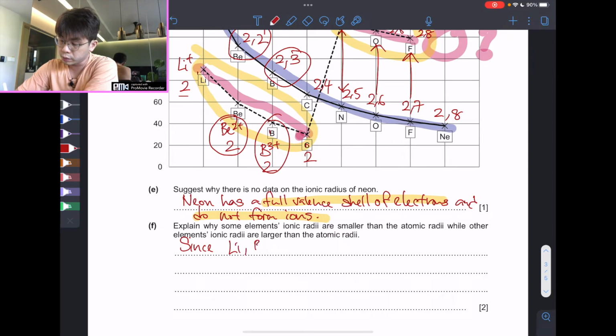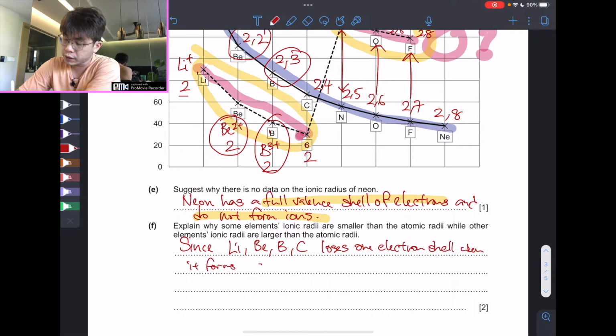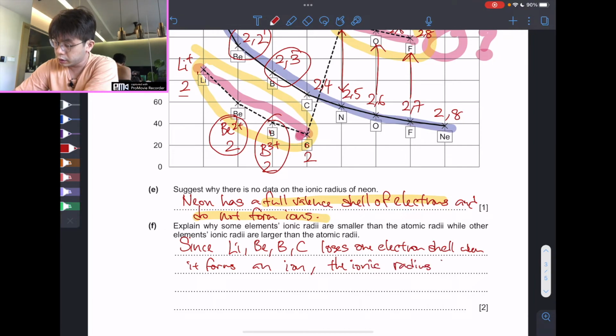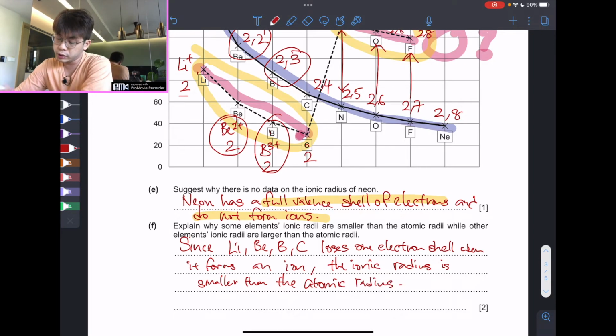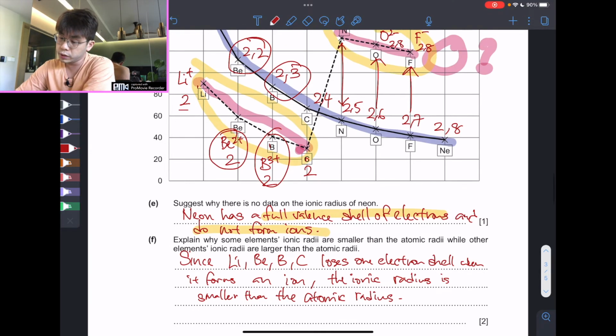Since lithium, beryllium, boron, and carbon lose 1 electron shell when they form an ion, the ionic radius is smaller than the atomic radius. Okay, so that's for the first 4.